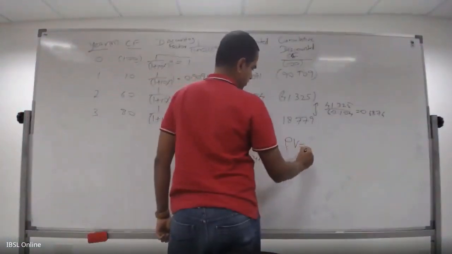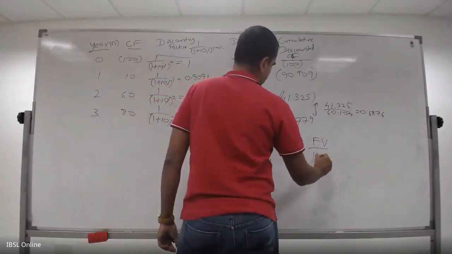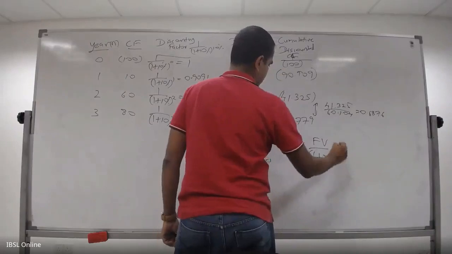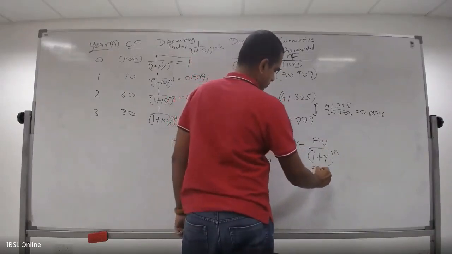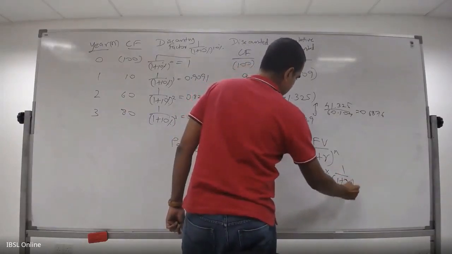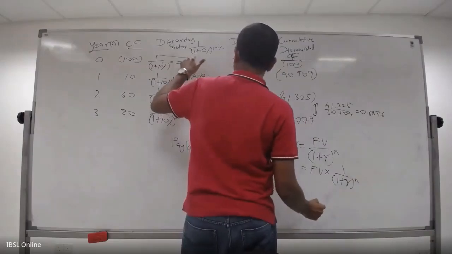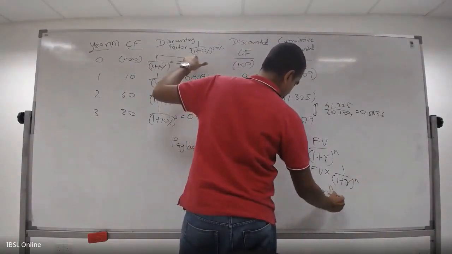present value is equal to future value divided by 1 plus r to the power n, isn't it? So this is the future value into 1 over 1 plus r to the power n, right? So this is the discounting factor, future value into discounting factor.